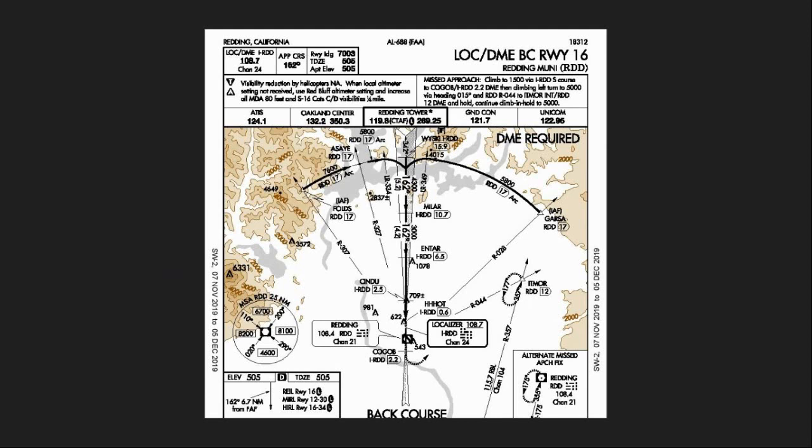In this approach, you have two initial approach fixes. Follow my pointer here. You have Garza over here, denoted by IAF, initial approach fix, and you have Folds over here, again IAF.